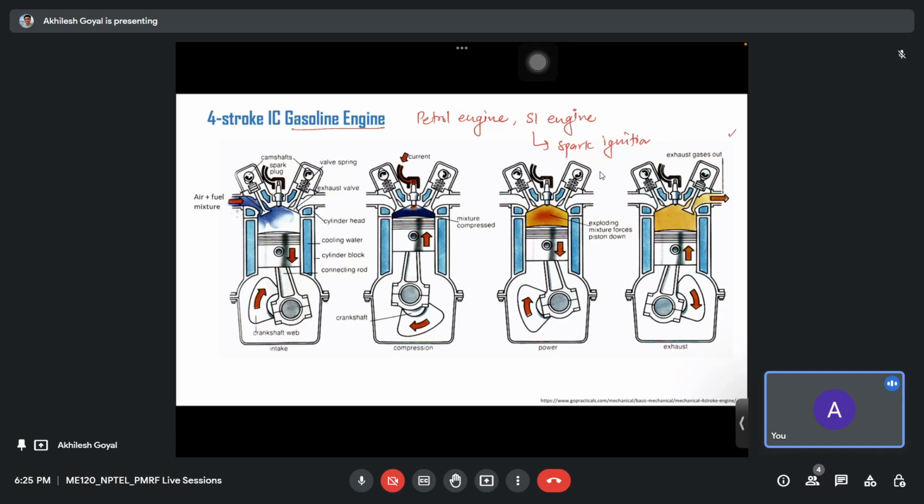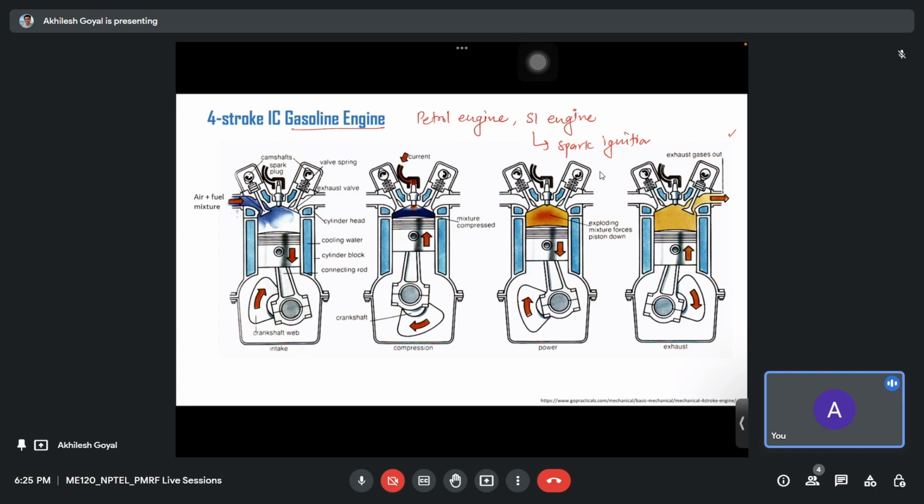Because the inlet valve opens, an air plus fuel mixture in the case of an SI engine, and air in the case of a CI engine, comes inside. As the piston reaches the bottom dead center, the inlet valve closes and the air or air fuel mixture remains inside the cylinder.